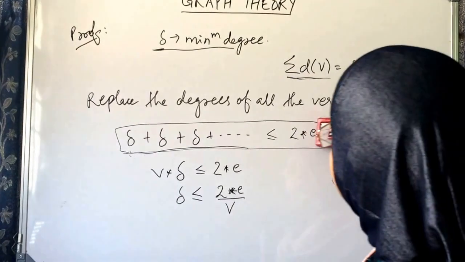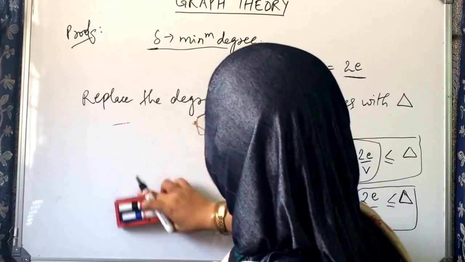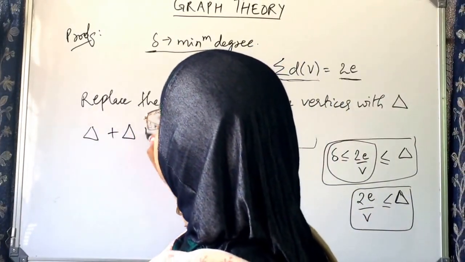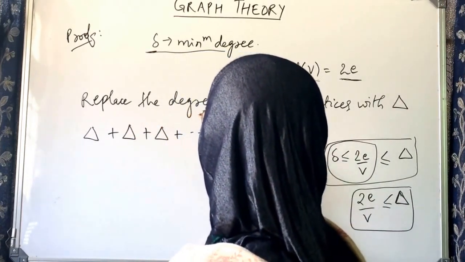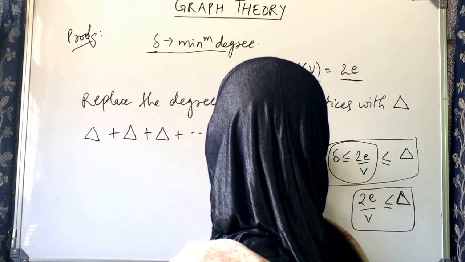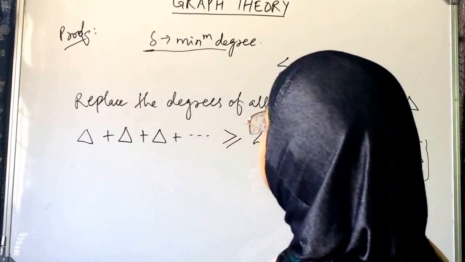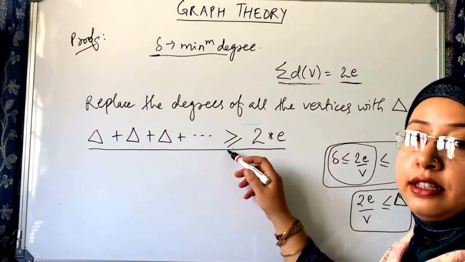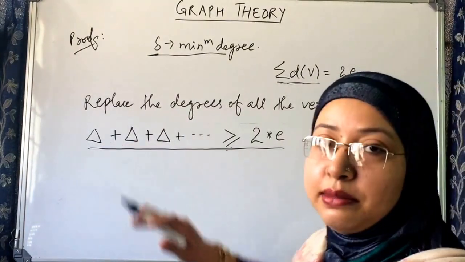So what will it become now? Delta plus delta plus delta and so on is greater than or equal to twice E. Why have I written greater than or equal to here? Because delta is the maximum degree.